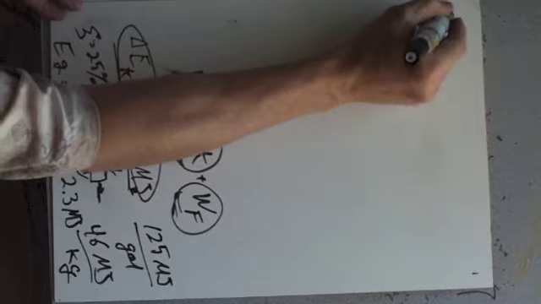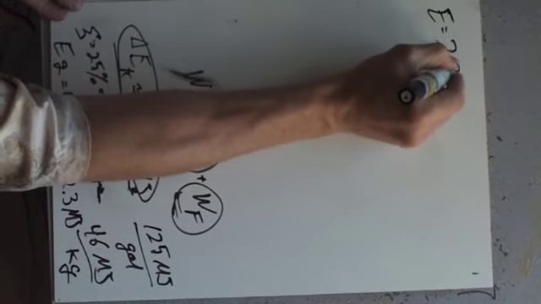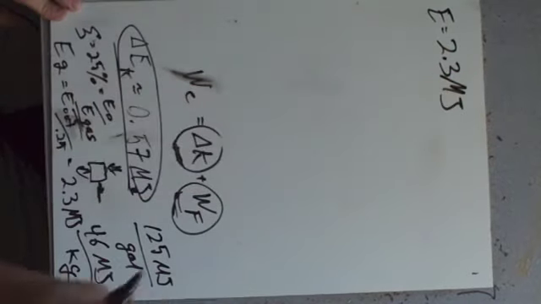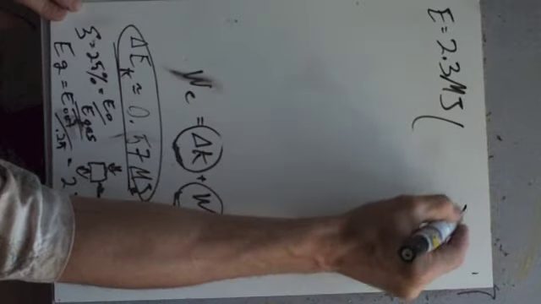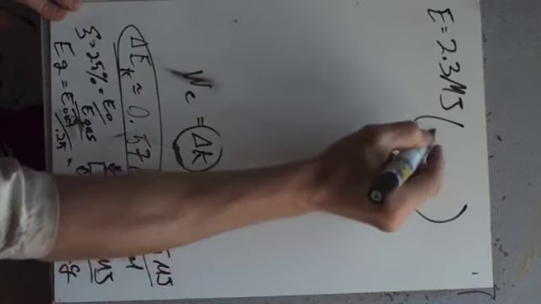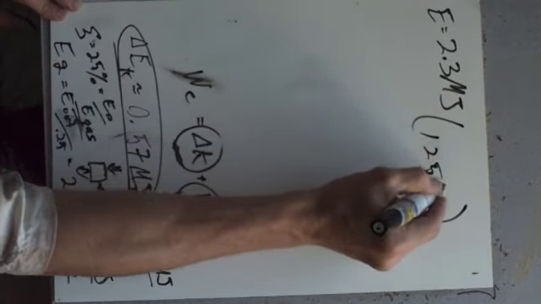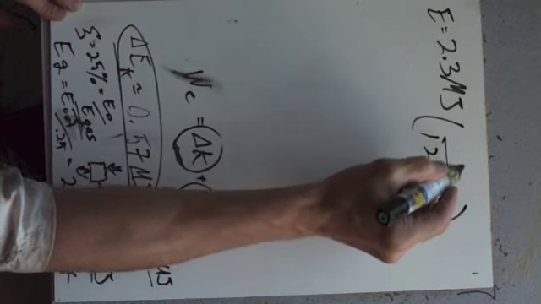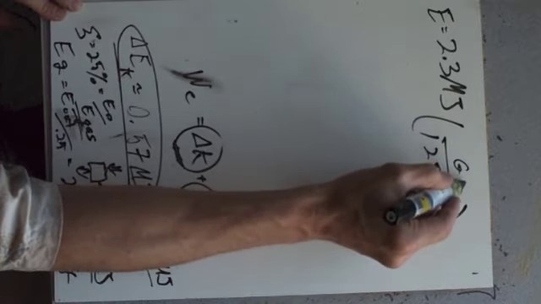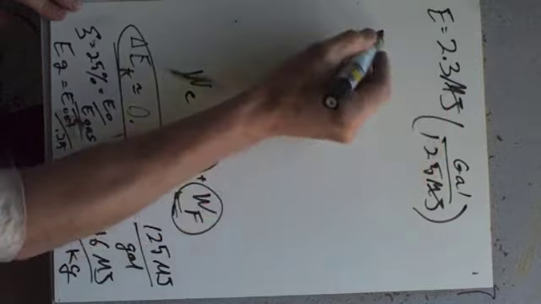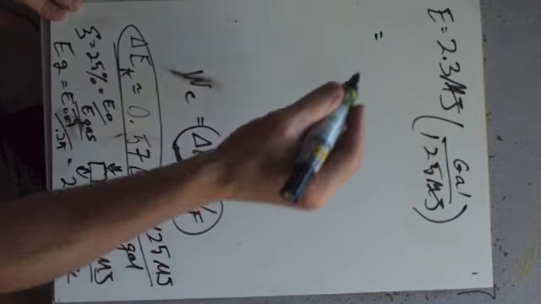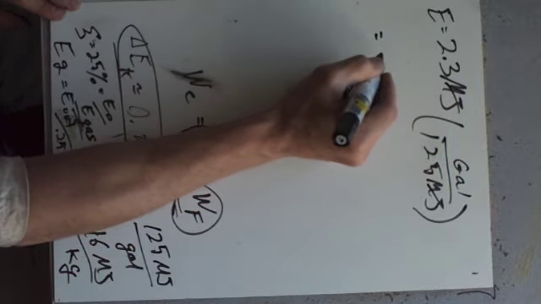Okay, so if the energy is equal to 2.3 megajoules, that's the energy of the gas, all we need to do then is divide by this 125 megajoules per gallon. The megajoules cancel, and I end up with about 1/50th of a gallon.